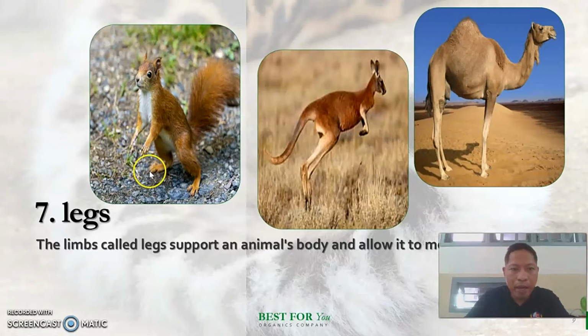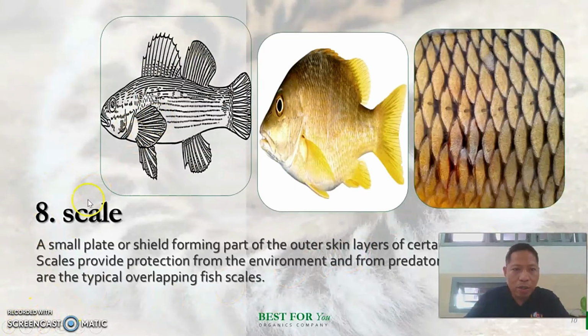They have 4 legs, and the kangaroo has 1 or 2 pairs of big, long legs, and this camel has long and strong legs. Not all animals have legs, but some of the animals have legs. So next we have 2 more.